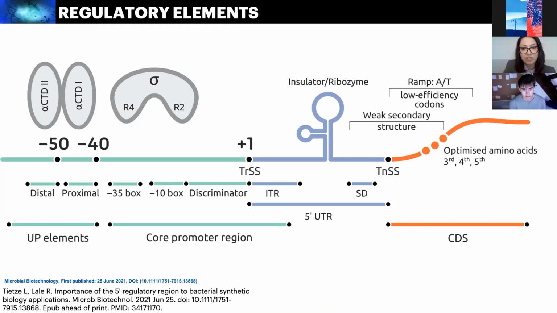So in bacteria, the most important gene expression regulation points are upstream of the gene. So, upstream of the nucleotide that we call TSS. The TSS is numbered as +1, and after that we have the coding region.